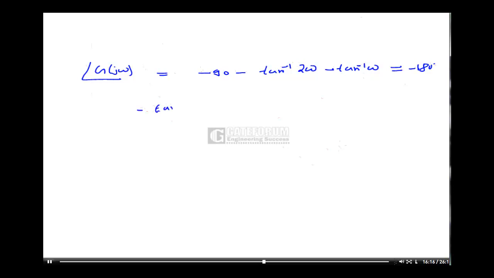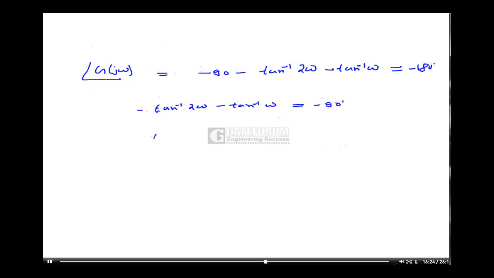Net angle of G of j omega can be written as minus 90 minus tan inverse 2 omega minus tan inverse omega, which is equal to minus 180 degree when it crosses the minus 180 degree line. Okay, so this will be minus tan inverse 2 omega minus tan inverse omega is equal to minus 90 degree.